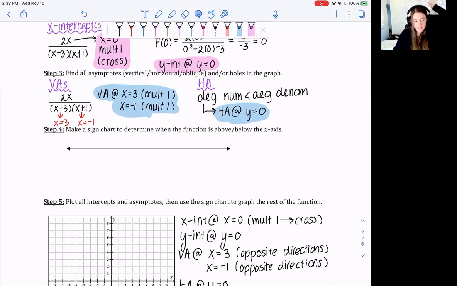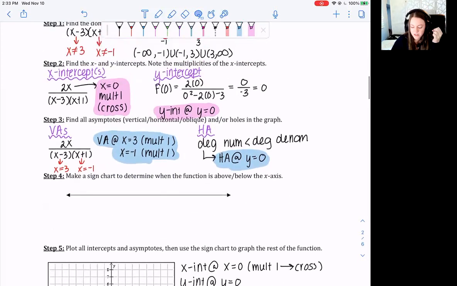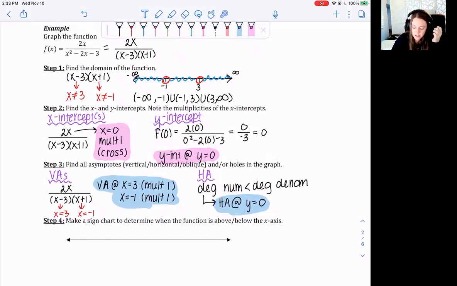Now, the sign chart is somewhere where I differ from the way that the MyLab has you do it. What MyLab is going to have you do, and there's no way for you to take this out of these problems, it's just what they are, is take different x values and plug those x values into the function and find out the y values there. For me, that's being a little too specific.